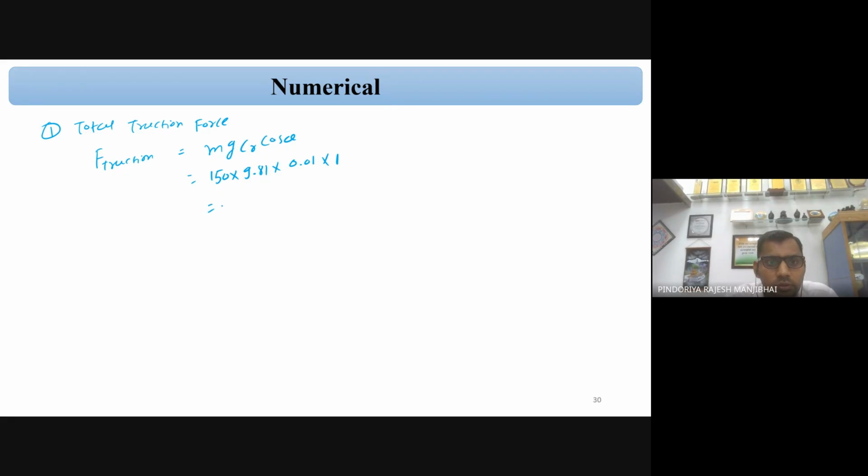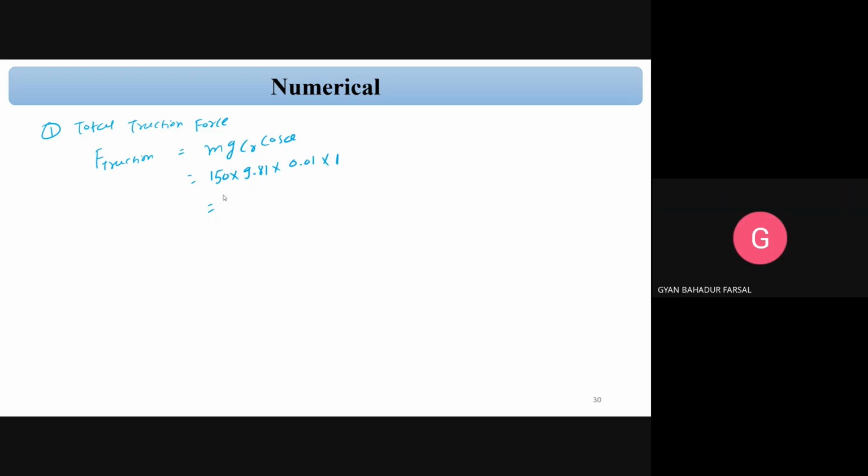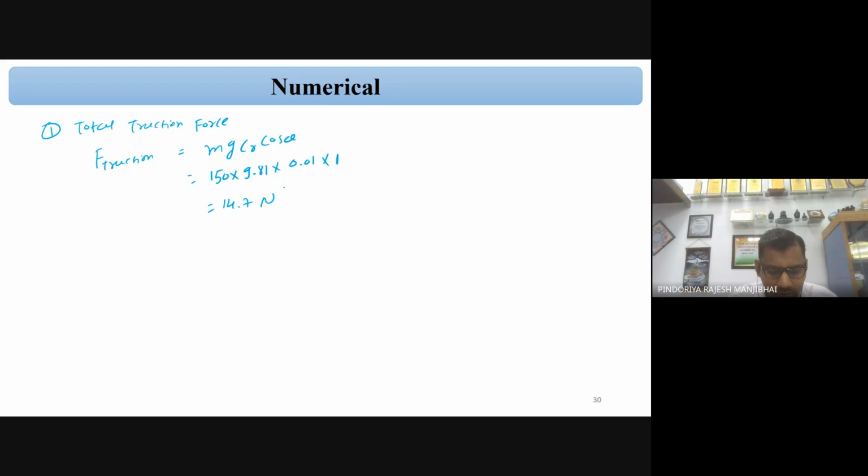So how much? 150 into 9.81 into 0.01. Just let me check.